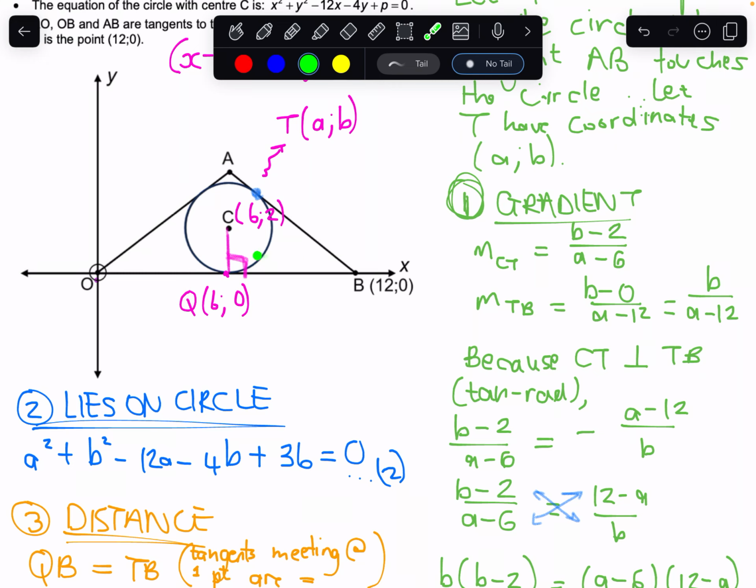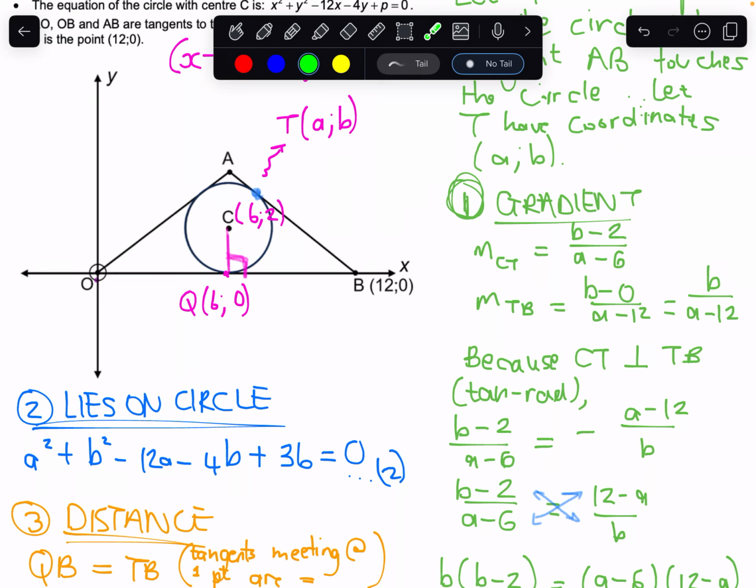Like I can't physically, because once we go below the x-axis, that line is never going to touch the circle. So it's this one or it's that one, and that's it.